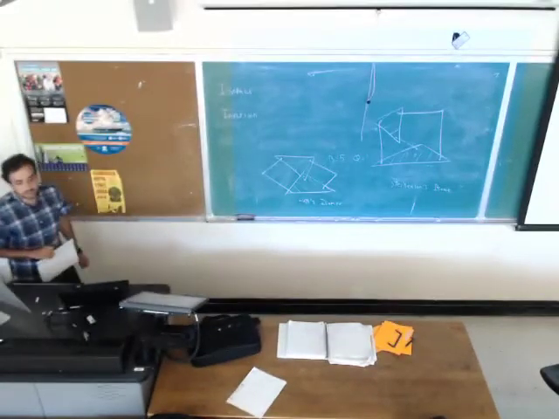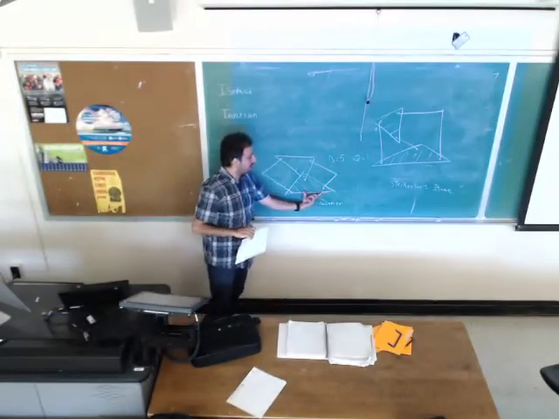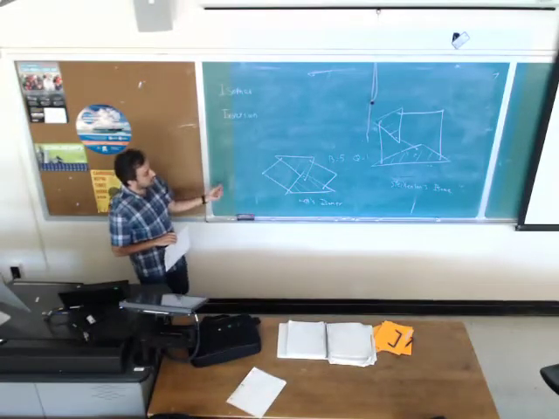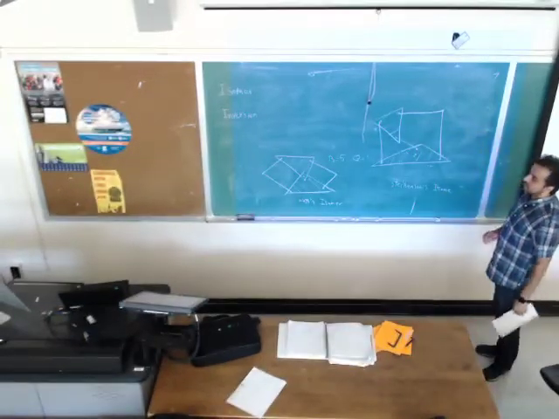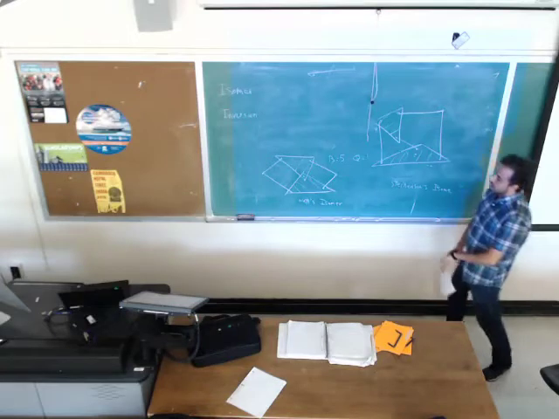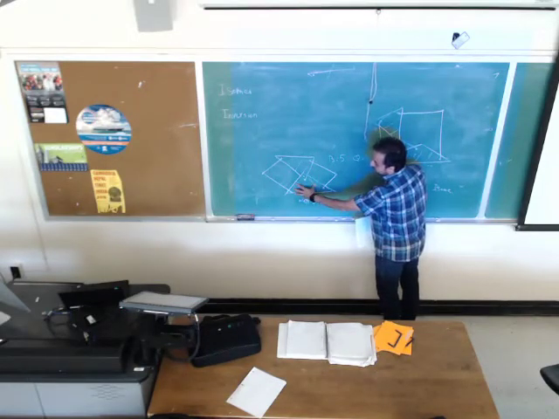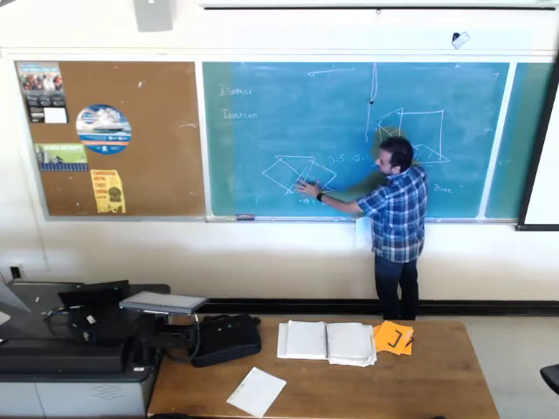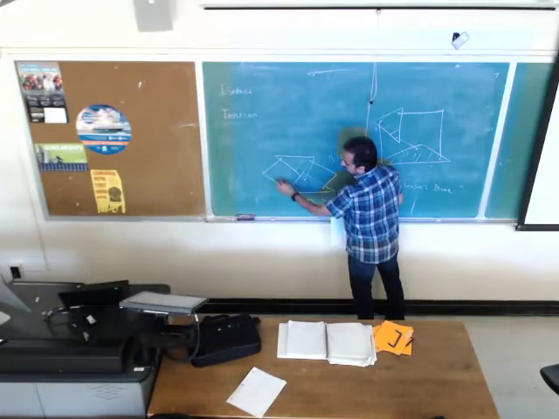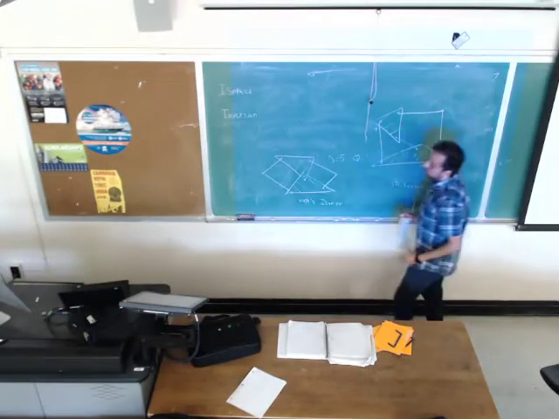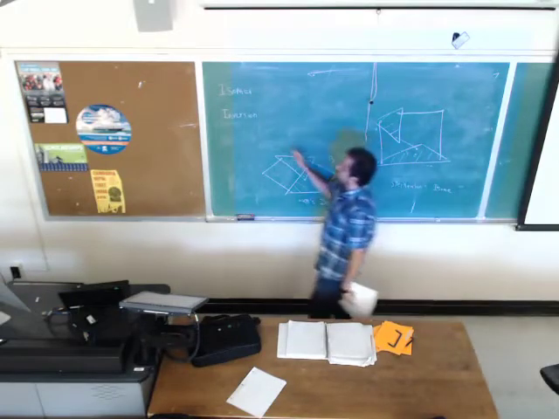I would like to make a mechanism, so I should make one of the links a frame or ground. The process of selecting a link as a frame or ground is called inversion. If I make this link the ground, the motion of this mechanism is going to be different than when I choose this binary link as the ground. So I'm going to have 2 different inversions by selecting a different link as the ground.